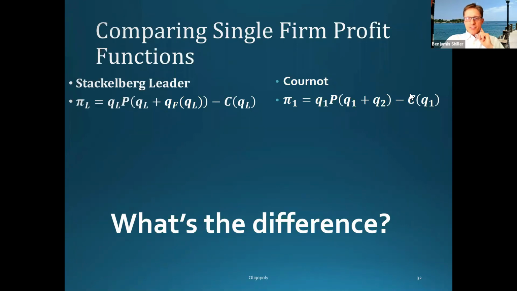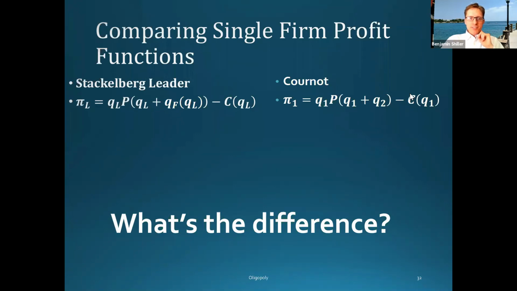Well, the difference is that in the Cournot problem, the firm is maximizing its profits given how much it believes the other firm is going to produce. But if the other firm were going to deviate from that, it wouldn't change their decision. Right? Whereas in the Stackelberg case, the Stackelberg leader knows that the follower is actually going to observe the leader's output decision.